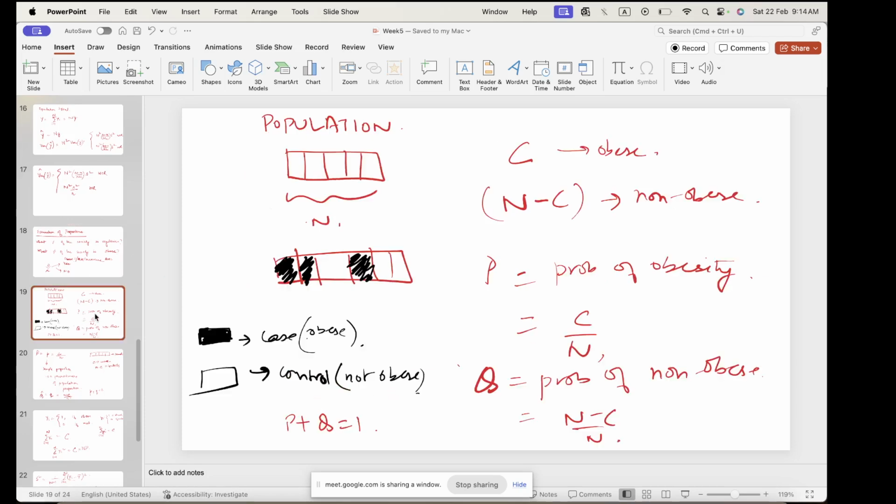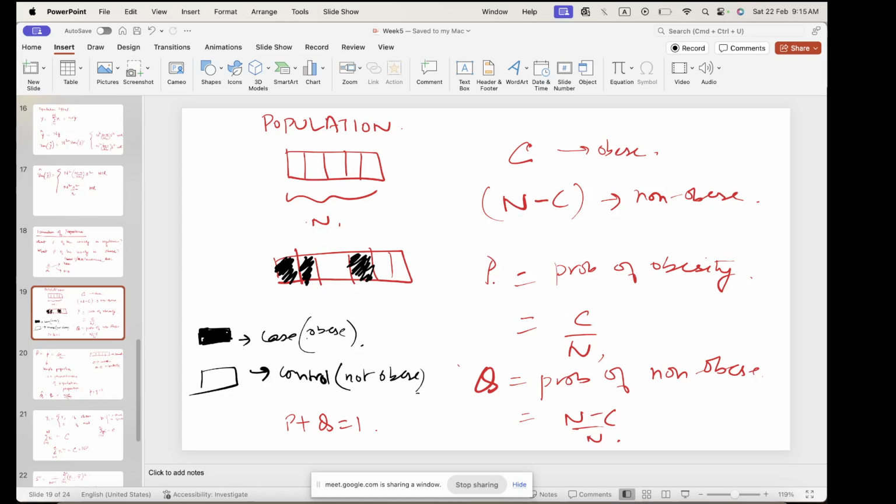So let's say I have capital N number of individuals, and I find that out of which capital C are actually obese, and likewise capital N minus C are not obese.